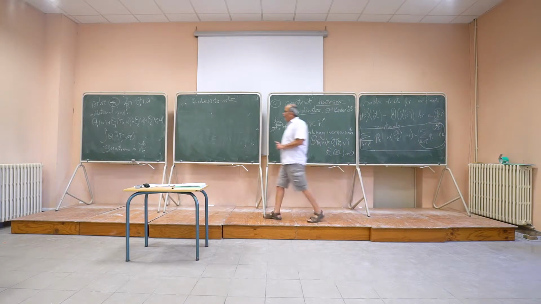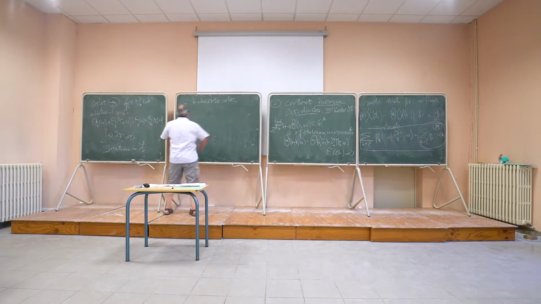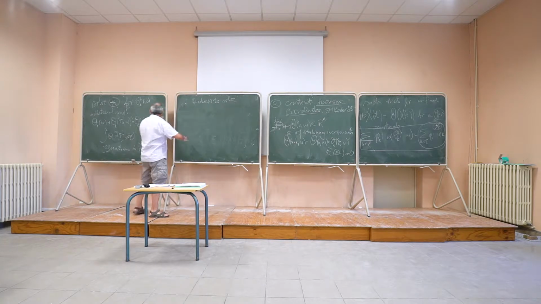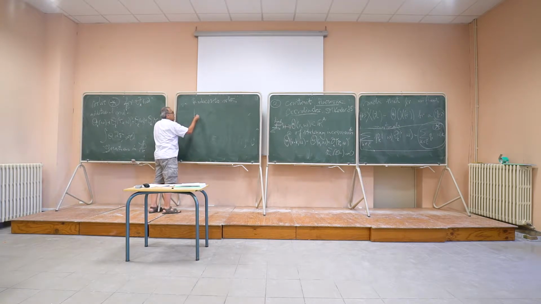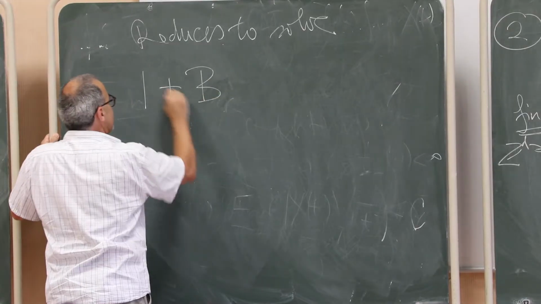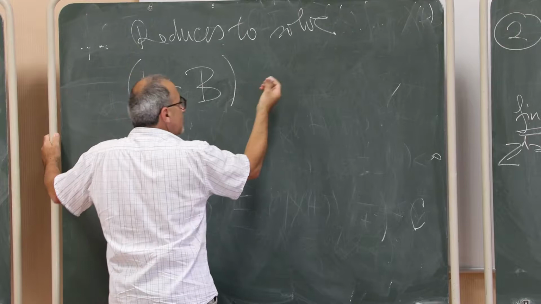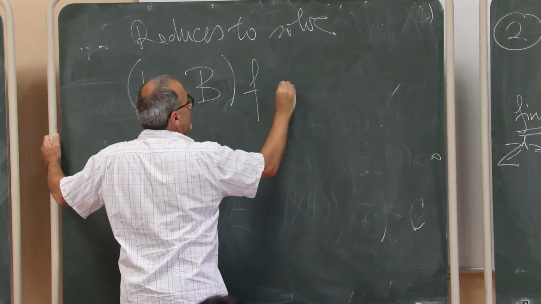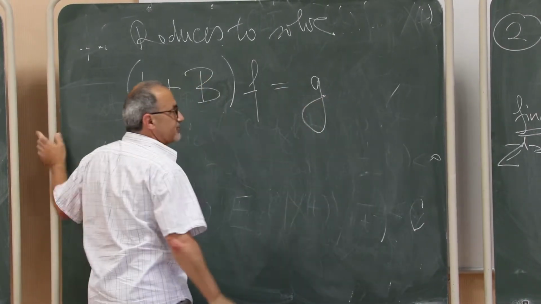But it's not enough. So using that and using all that we have done so far, it reduces after some reductions to an equation like, just trust me, solve identity plus B of f equals g. There are some transformations.